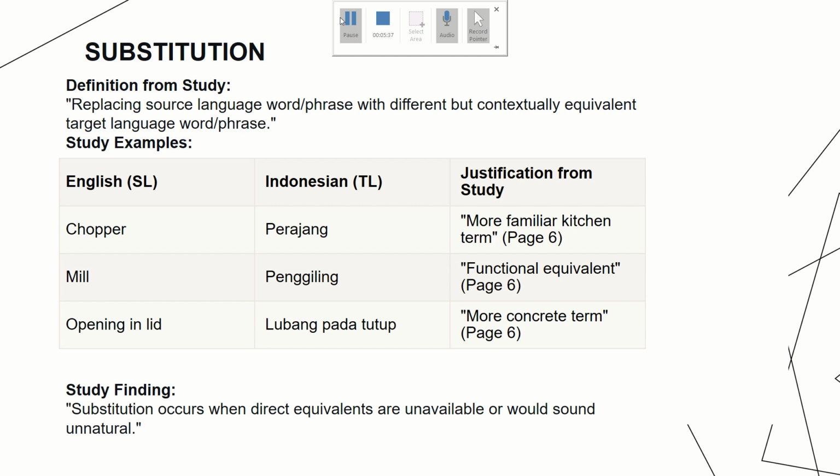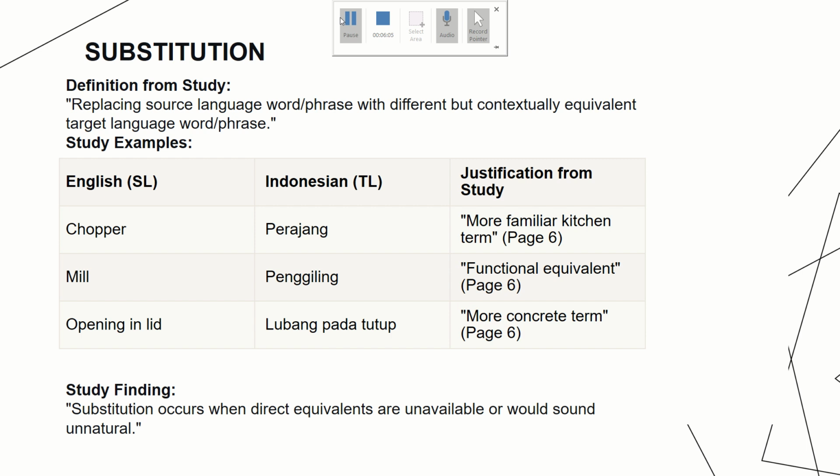Substitutions. Examples. So substitution means replacing a source language word or phrase with a different but contextually equivalent target language word or phrase. For example, chopper is translated as a more familiar kitchen term in Indonesian.